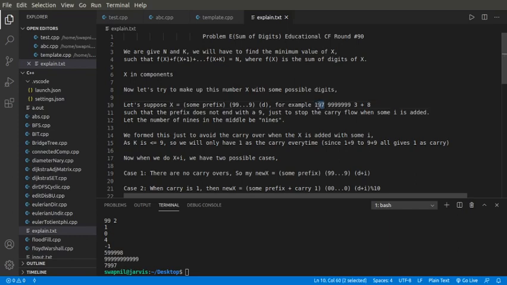That's why I have decided to choose some prefix which is not ending with 9, just to stop the carry flow. And let us suppose the number of 9s in the middle be NINES.